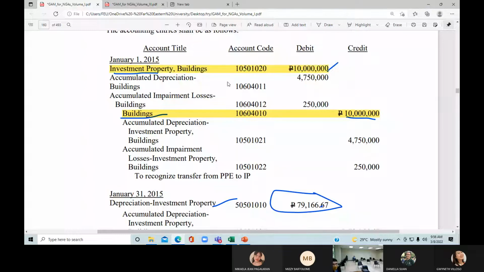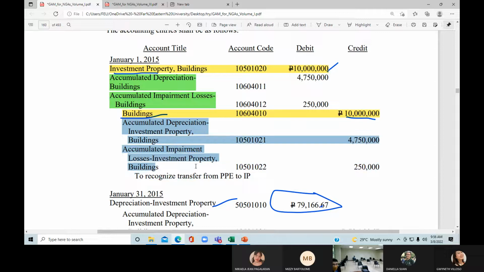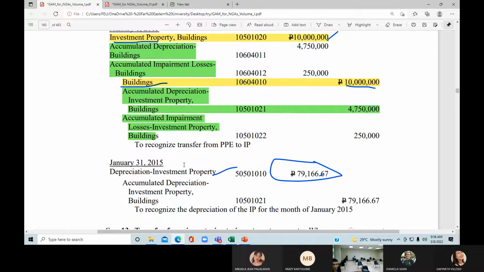Ayan. Then yung contra accounts niyan, lipat mo rin sa investment property. Ayun. Simple. To recognize transfer from PPE to IP.